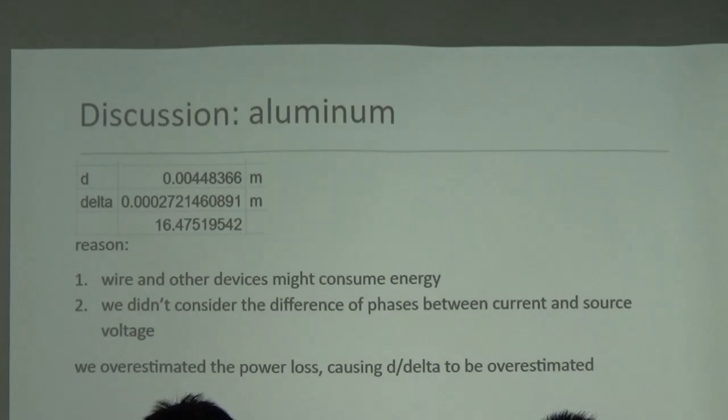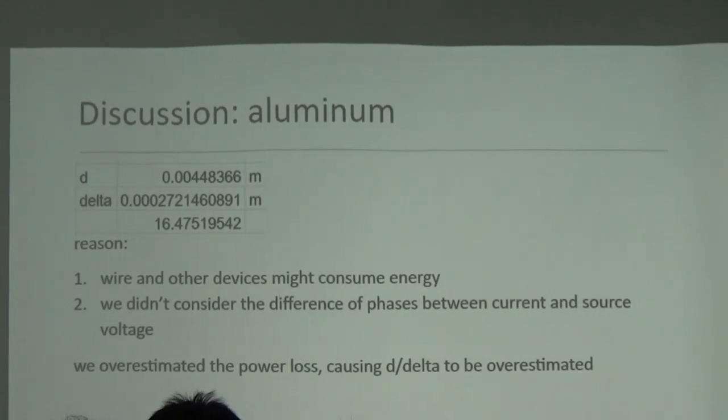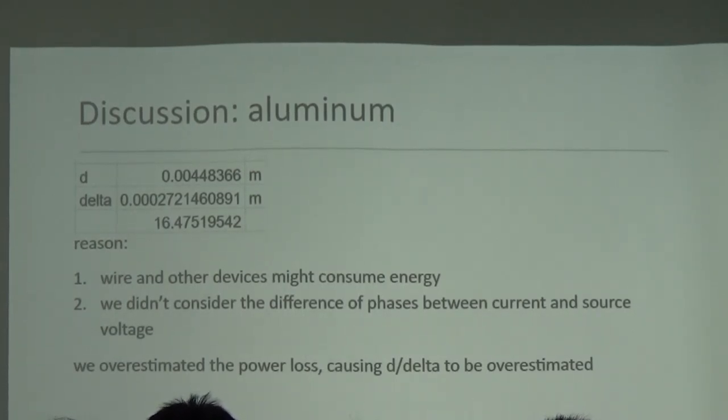So here we want to have a discussion about why we got 16.5, but not the theoretical number. So we came up with 2 reasons. First is about some other energy losses. So wires and other devices might consume energy. And second, we didn't consider the difference of phases between current and source voltage.